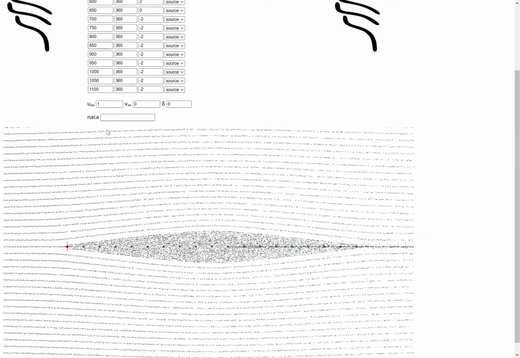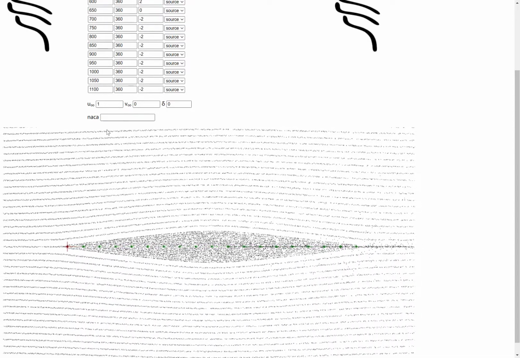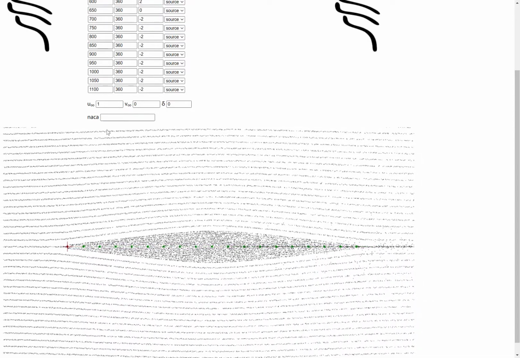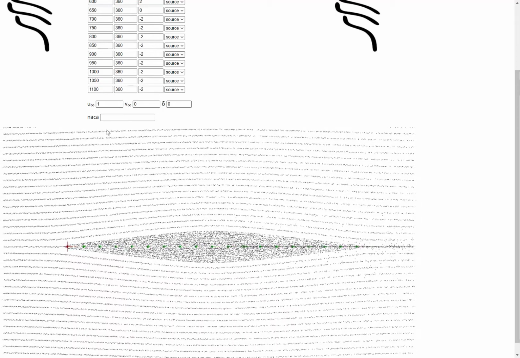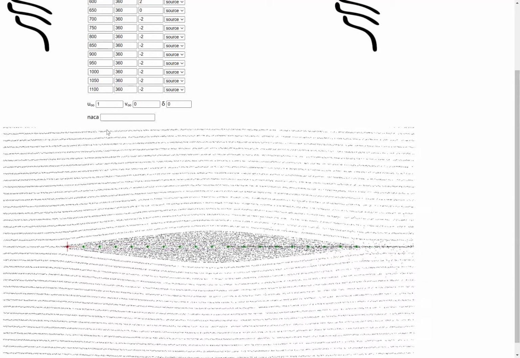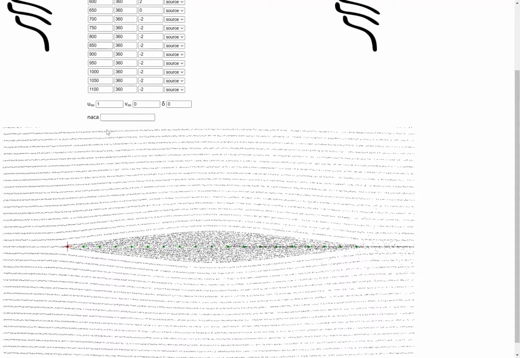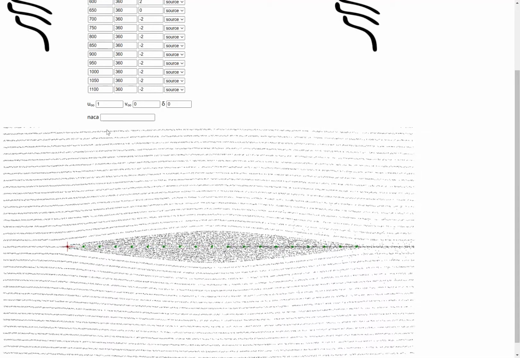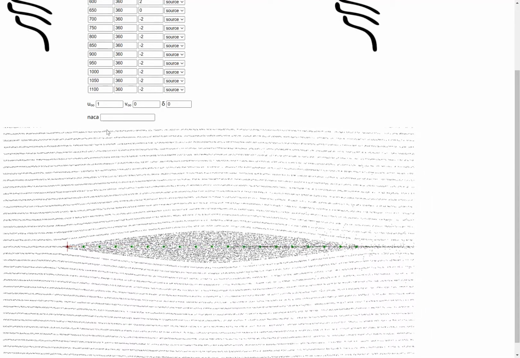Okay. So what kind of shape are you seeing here? It's symmetrical, right? What does the airfoil look like? Just like a diamond shape, right?